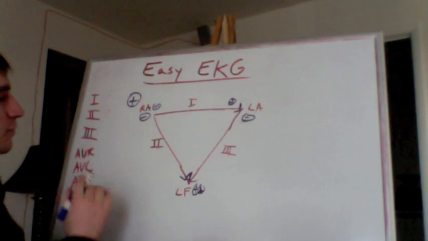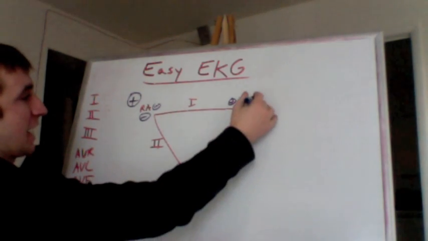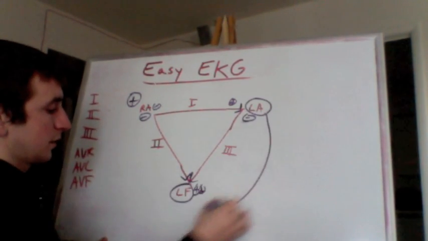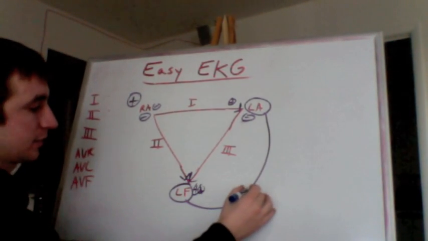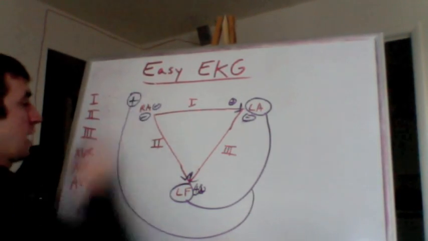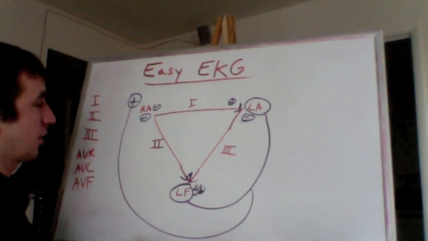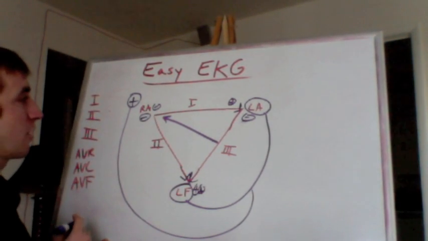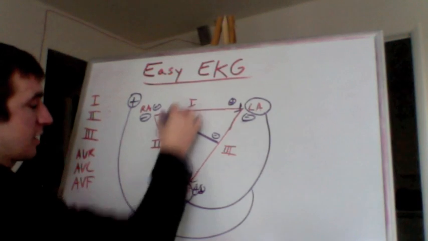So what the computer does is it says, okay, right arm, I'm going to have that be positive, and it's going to combine the left arm and the left foot. It's going to combine those, and that's going to be your negative, okay? So right there, positive, negative, okay? So AVR points towards the right arm, okay? So it goes from the negative side here to the positive side here.